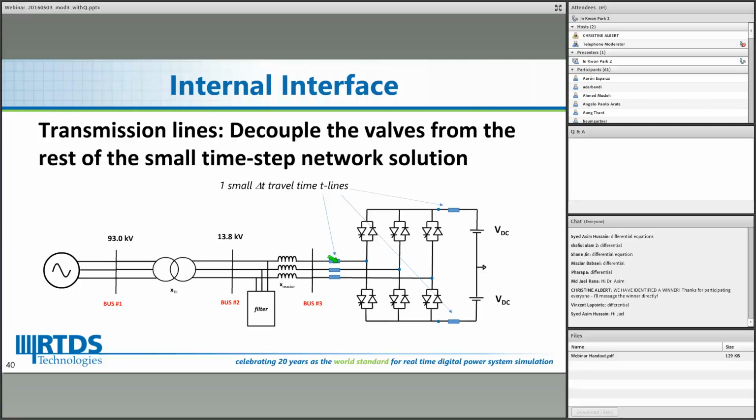Then we have all these transmission lines at the boundary in order to make sure that the stability of the entire simulation, stability meaning numerical stability, can be maintained. So all these transmission lines are acting as an interface between the G matrix inversion network and the constant G matrix approach-based network.